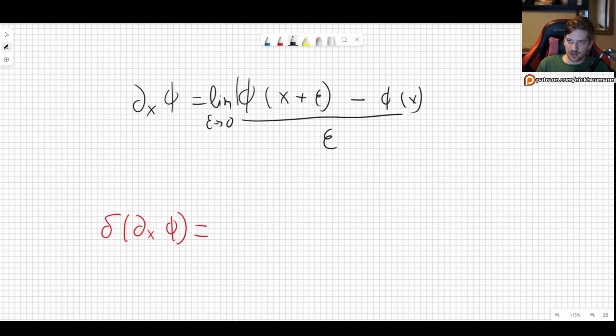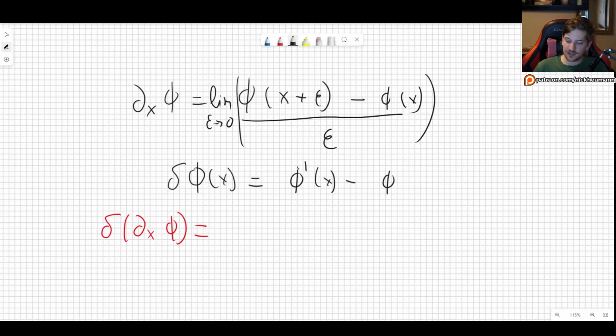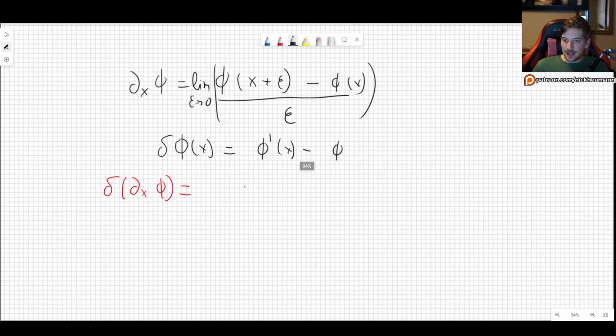This is the definition of the derivative. By using this, we have to take the variation of this. But the variation of something, let's say phi again, is going to be phi prime minus phi, here phi prime denoting the varied field. So by using this, we have the variation of the derivative.